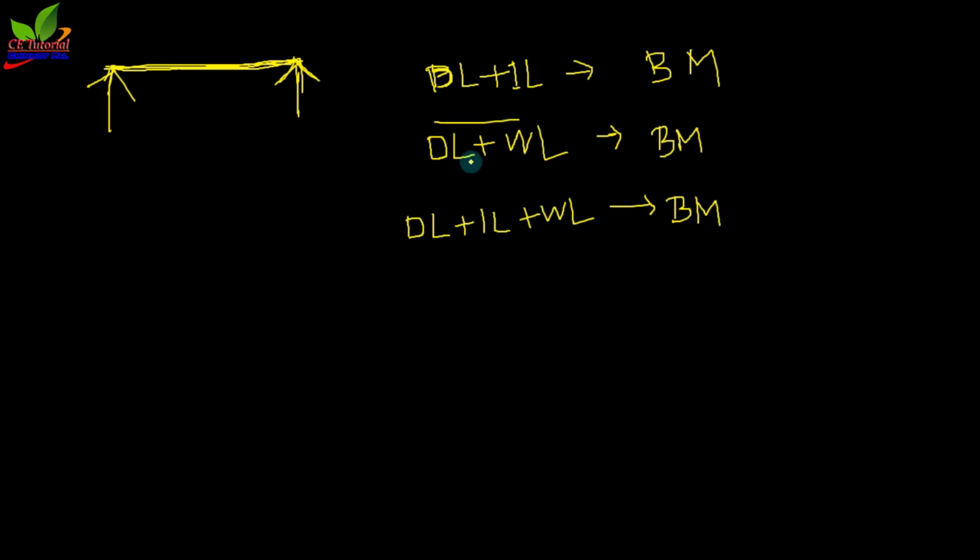Now those are the load combinations, and you can see the multiplication factor always is 1. For this case it is 0.8 and this is 0.8, and for the other cases all those multiplication factors are 1.